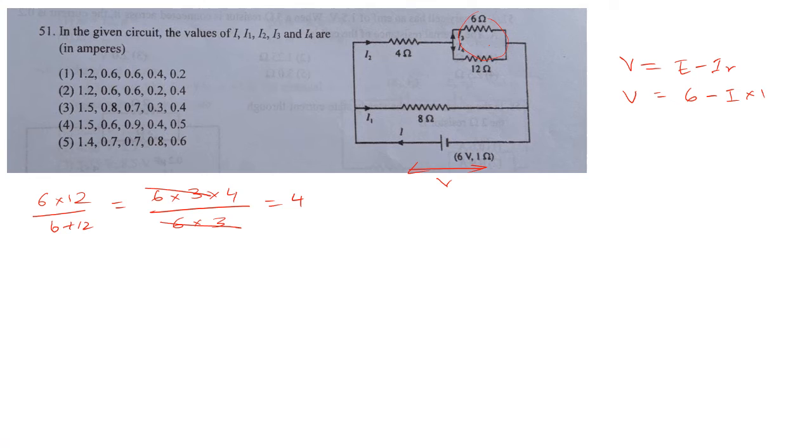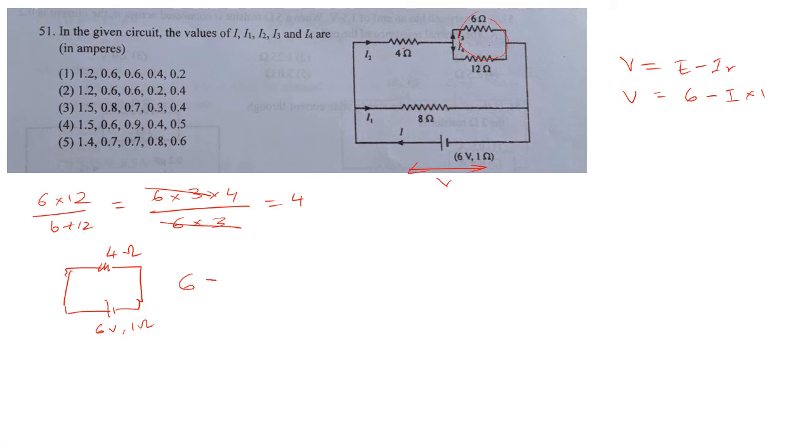Here 4 and here 4 make 8, and 8 in parallel with 8 gives 4. So the equivalent circuit is like this: the battery of 6 volt with 1 ohm, and here 4 ohm. Now we can find the current I by using Kirchhoff law.